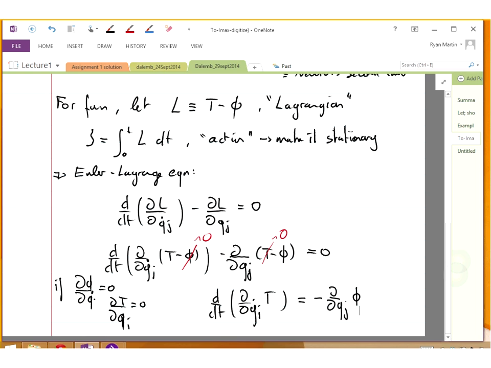And of course, this is the exact equation that we had before, and it gives us back Newton's second law.